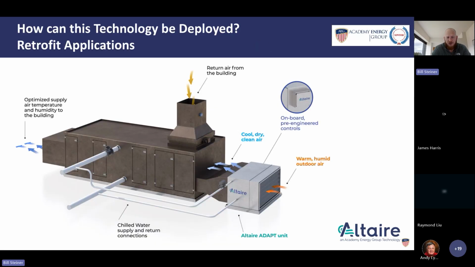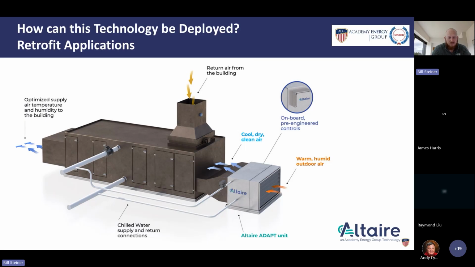As we talked a little bit before about the advantages of using this type of technology, retrofits are super simple. So in this case, the dark brown colored unit there would be an existing air handler that has chilled water supply to it already. And the little light gray unit in front of it, the adapt unit there, would be a retrofit. All we need to do in this case is install the adapt unit.